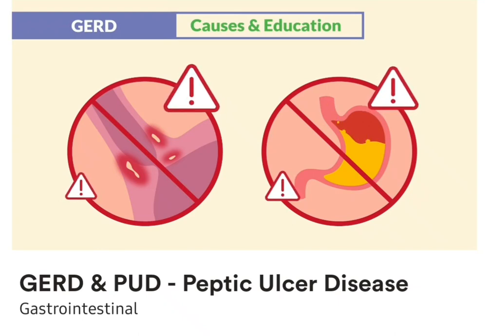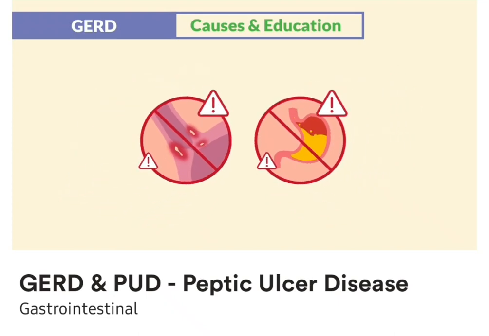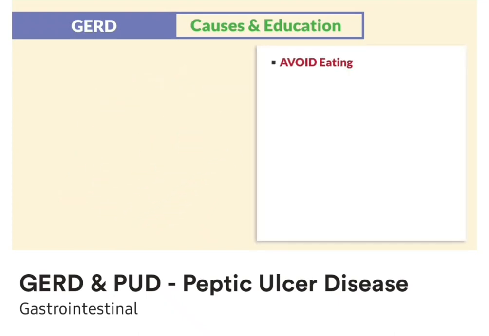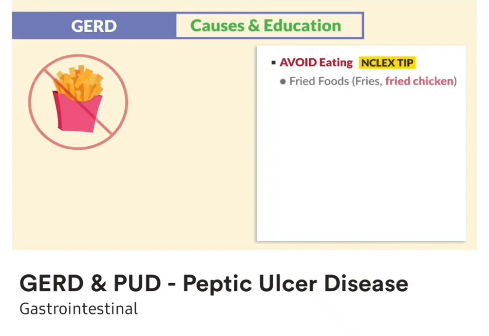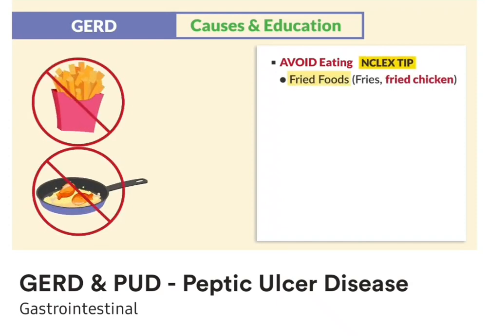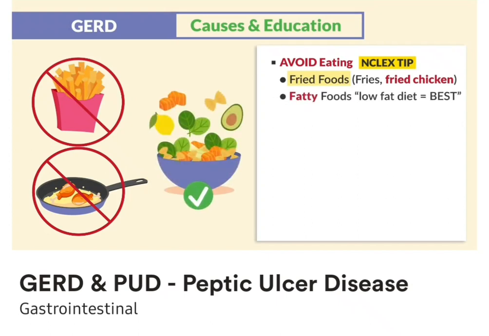So the most tested key points that love to come up on Select All That Apply questions. Write this down. Things to avoid when you're eating. So foods that cause acid production. Anything fried. Now trust me, we see this a lot on multiple different question banks. So fries, fried chicken, and even fatty foods. So a low-fat diet is best.